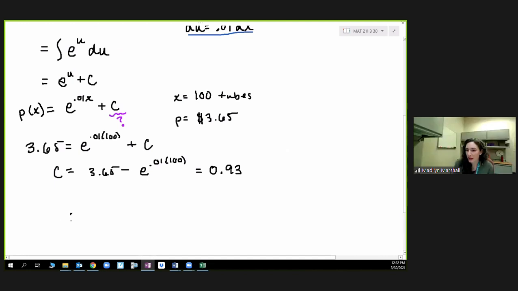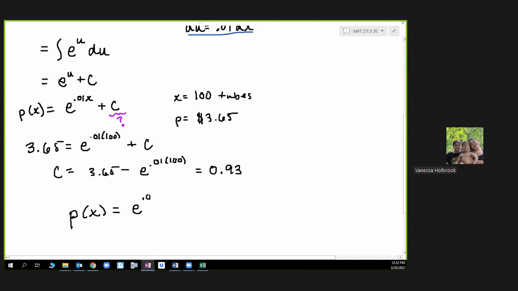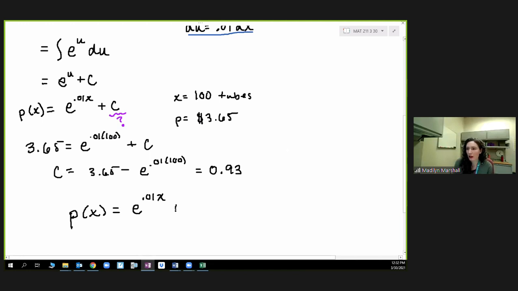So our price function, which we were actually looking for, is the e to the 0.01x, which is what we got from the integral, plus the c, which we just found.